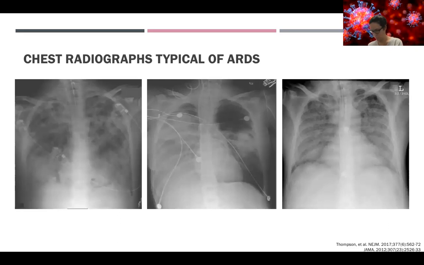You can see in some, particularly the one all the way on the left, the disease is a bit patchy. Over here in the center, there are some regions which look like spared areas of the lung. And over here on the right, this patient essentially has disease involving all the lobes of the lung. However, the characteristics that they all have are bilateral opacities that have the appearance of pulmonary edema without having cardiogenic pulmonary edema.